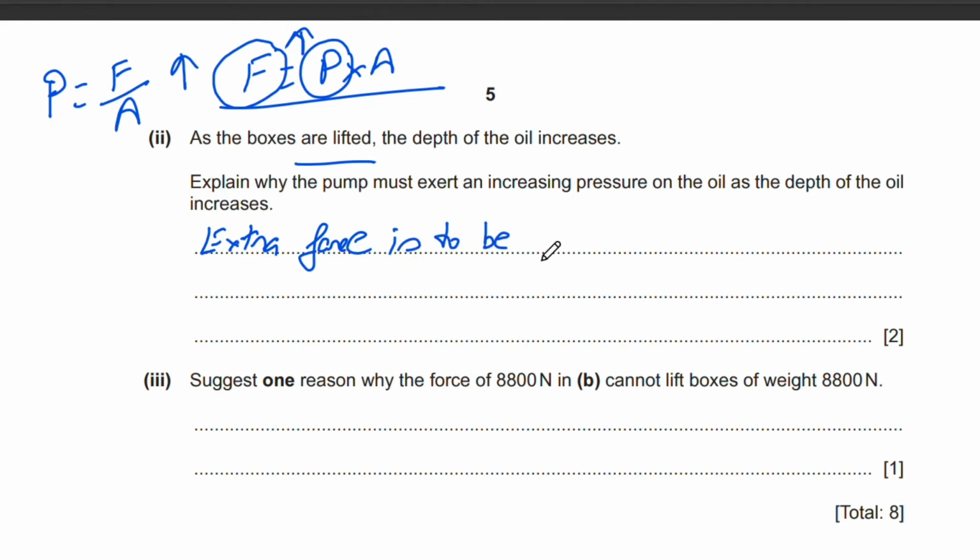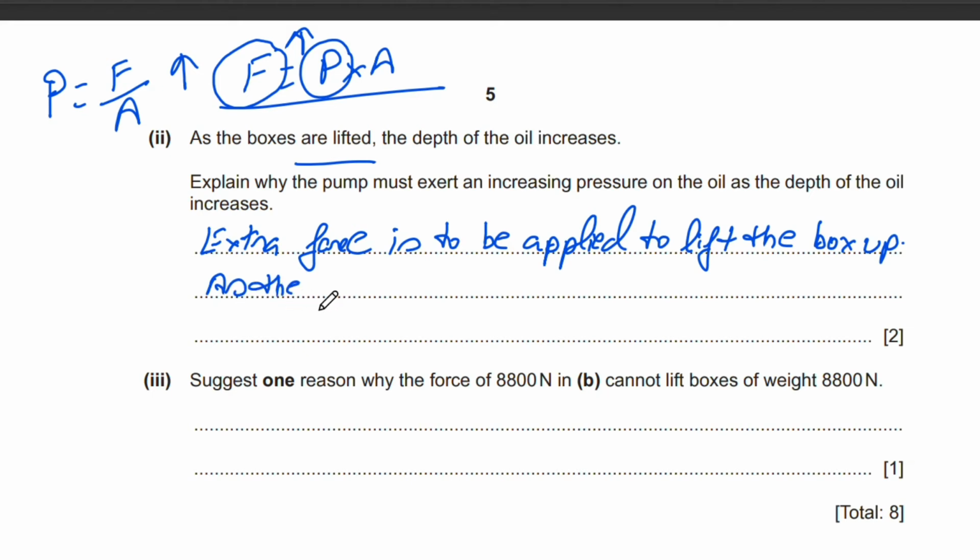An extra force is to be applied to lift the box up. Now, since pressure increases, force will also increase.